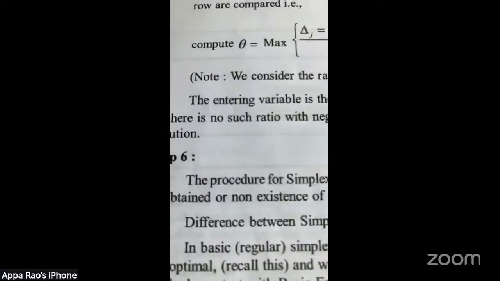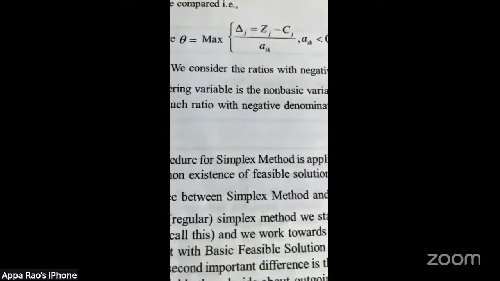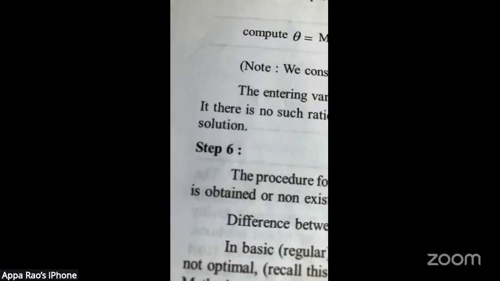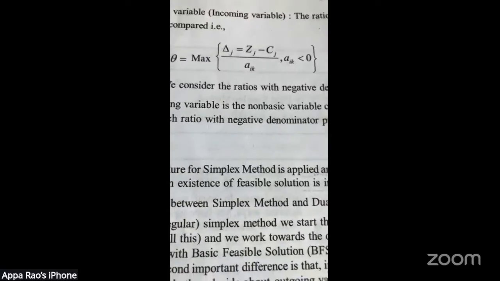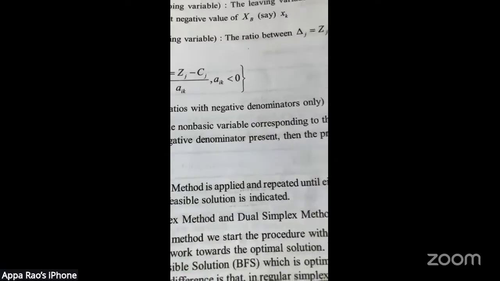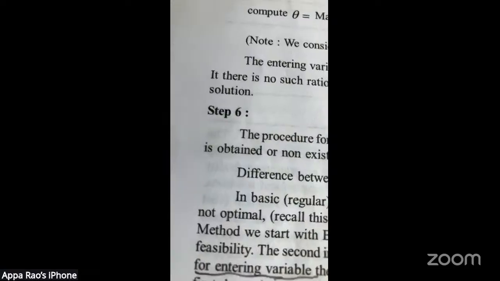So the entering variable is the non-basic variable corresponding to the maximum ratio theta. If there is no such ratio with a negative denominator present, then the problem has no feasible solution.